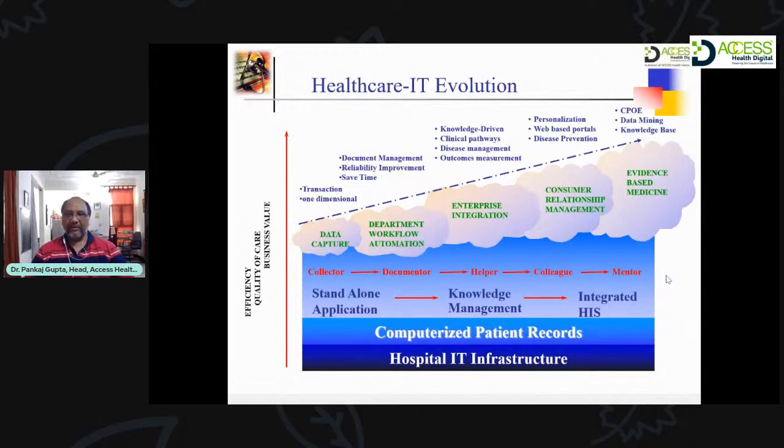It was a system that was well recognized by HIMSS at a stage 6 level. So that's one example, but there are not too many of those examples in India. It takes a lot of knowledge and an integrated system environment to achieve a CPOE implementation.